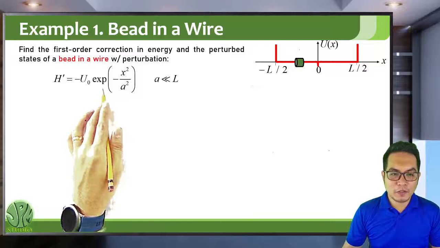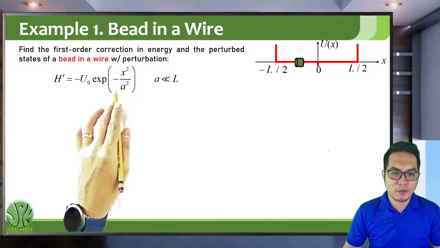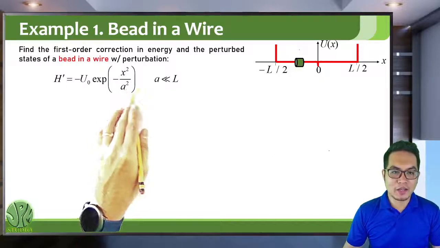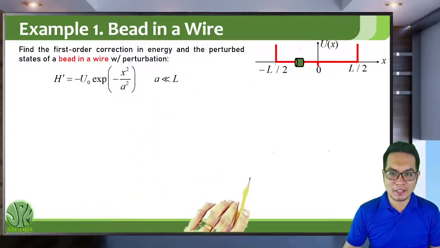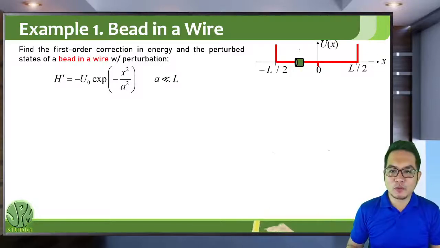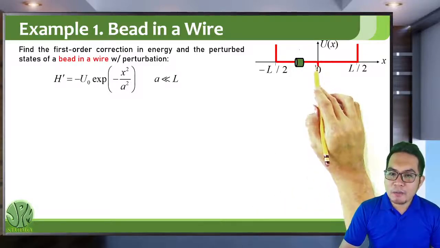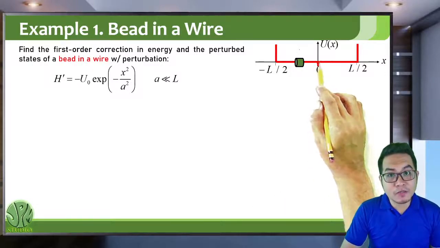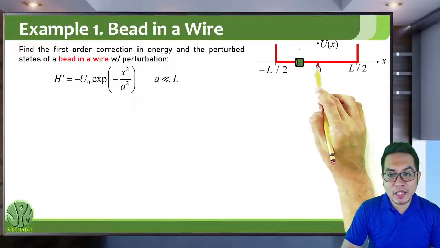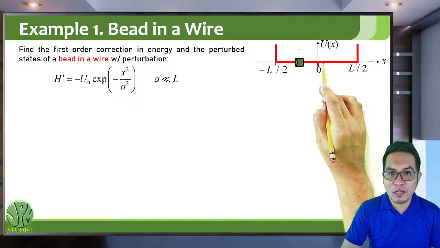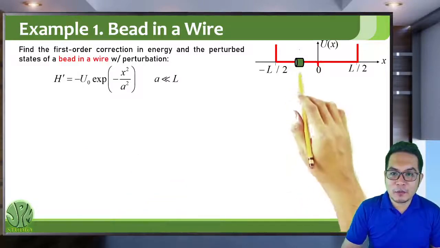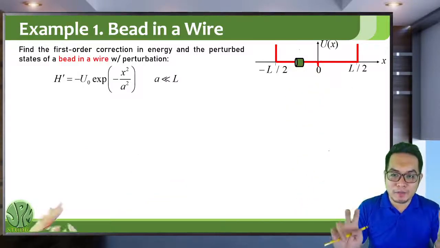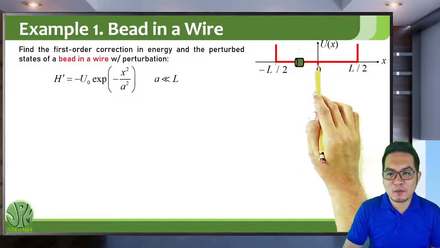Now, what you have now is a perturbation. And this is your perturbation, where a here is very much less than the length. So this is equivalent to putting up a dimple or some slight bending at the center of the wire, such that the particle will be trapped in this small bend in the wire here.